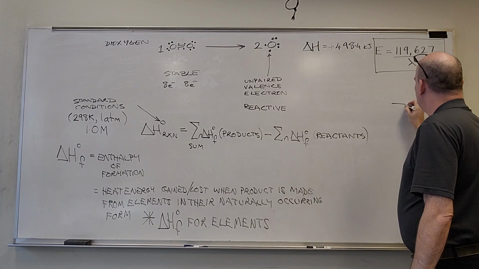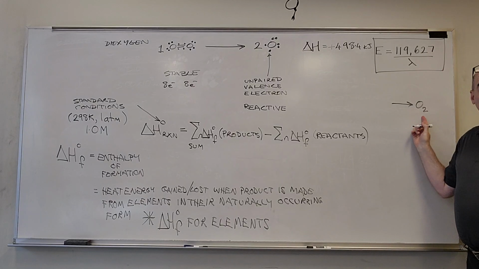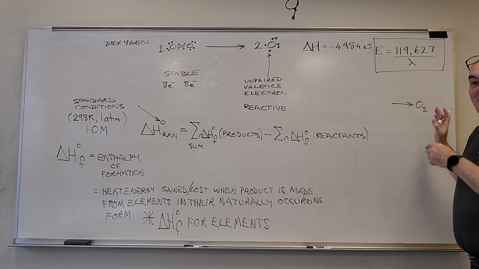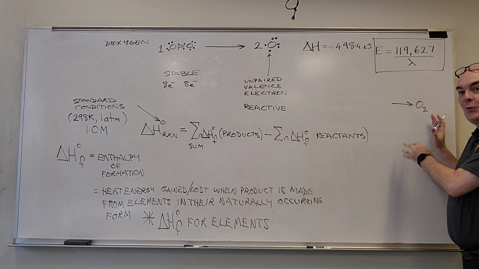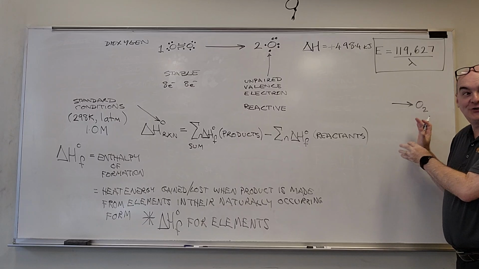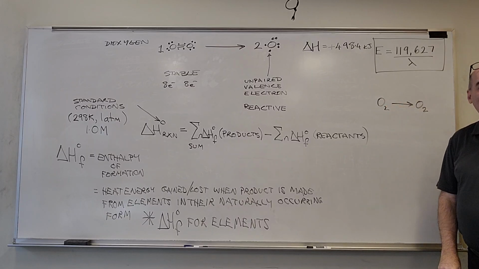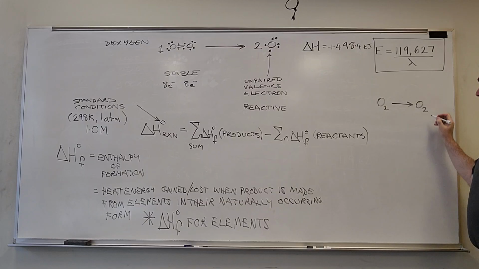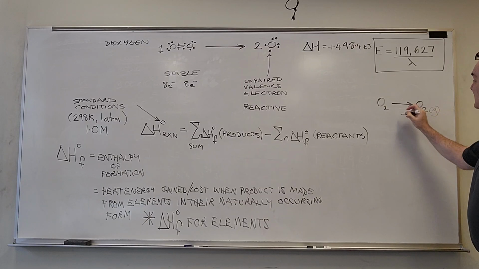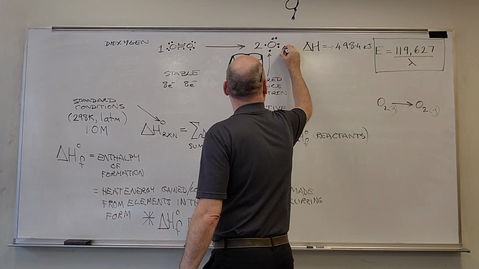If I wanted to do a reaction where at the end I made O2, this is my target molecule, that's my product, and by definition the way to make it is to find the element in its naturally occurring form. Oxygen in its naturally occurring form already is O2 as a gas. We haven't been putting our state symbols in.